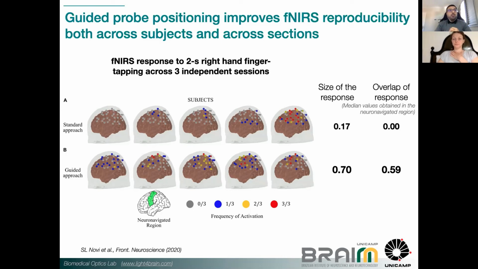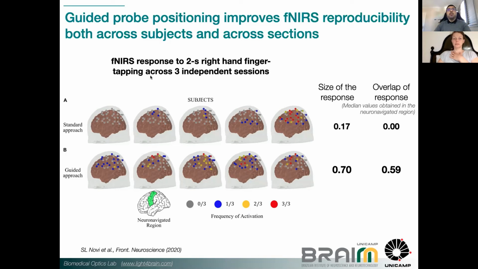So in this sense, we were interested in a finger tapping task, which is a motor task, so we used an optode in the motor cortex as a landmark. So we actually neuronavigate the motor cortex, and we would mark the optode that we are interested in, or the source or the detector that we are interested in. And every time we repeated the task and the experimental protocol, we would always navigate to the same region.